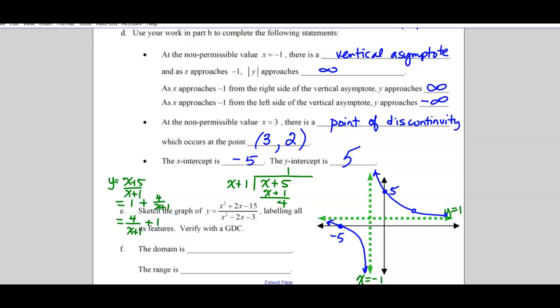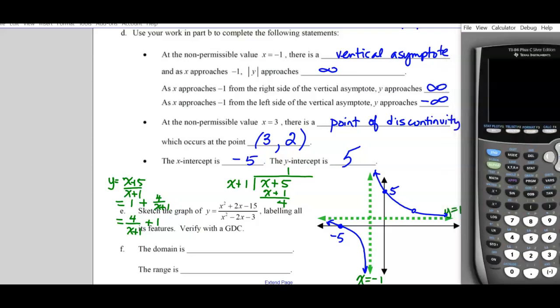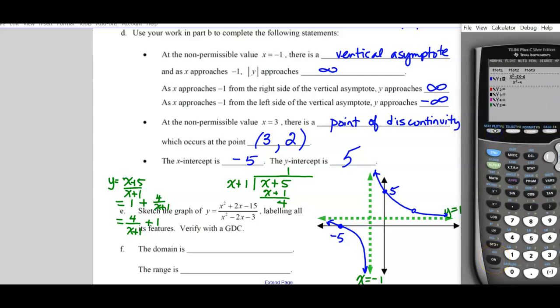Okay, let's check it with our calculator. I would go back and put the original in, so then you can check your point of discontinuity. If you don't, then you're not going to see your point of discontinuity.